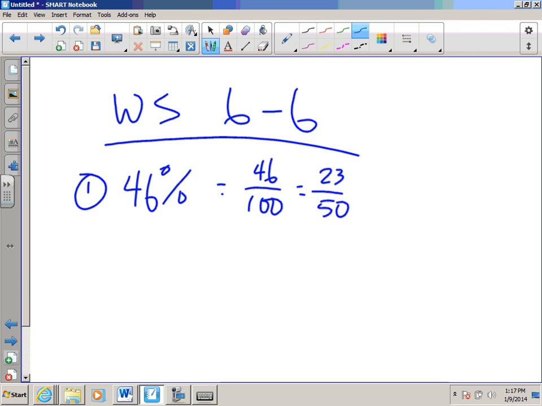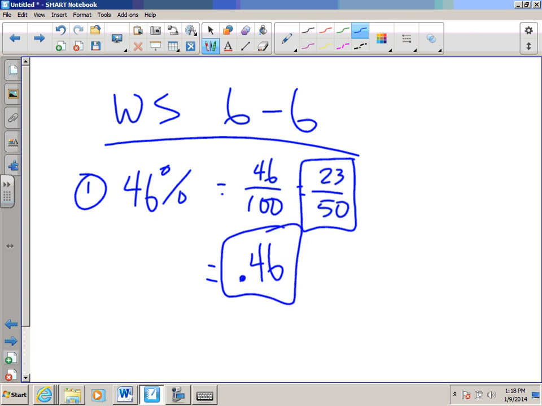Anything I can do with 23 and 50? So there's my fraction. Now, decimal. That's easy. Very good. So make sure you get both of those on that line.